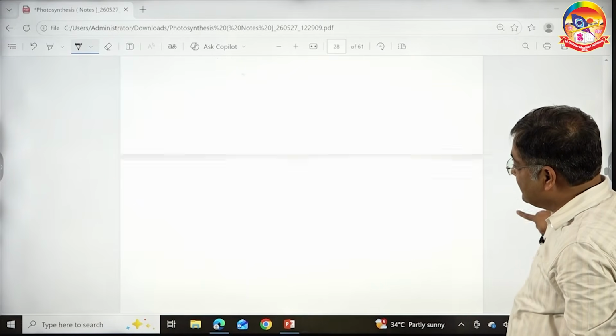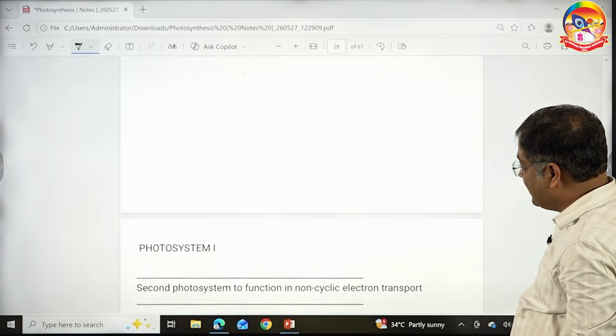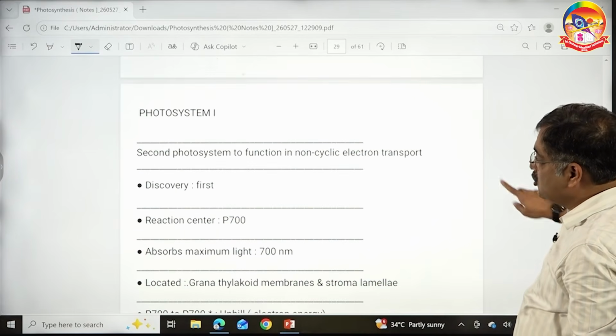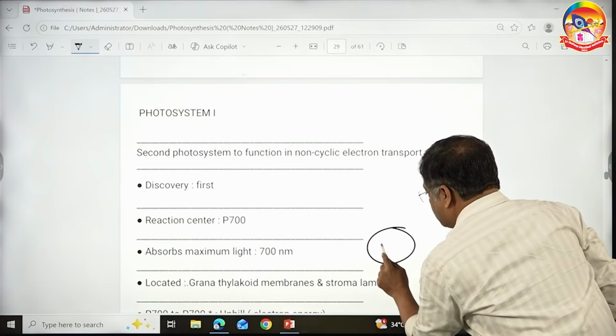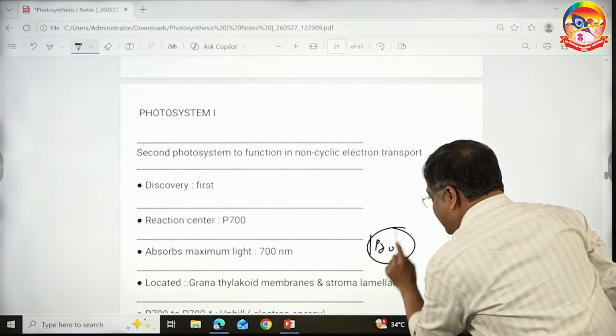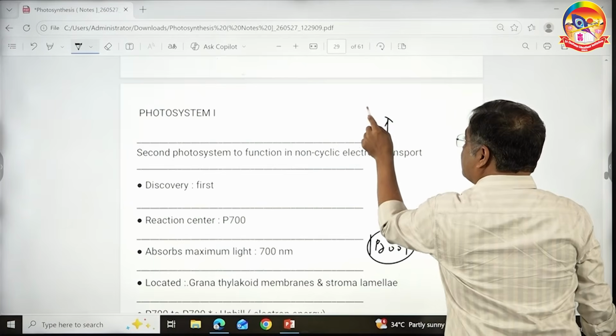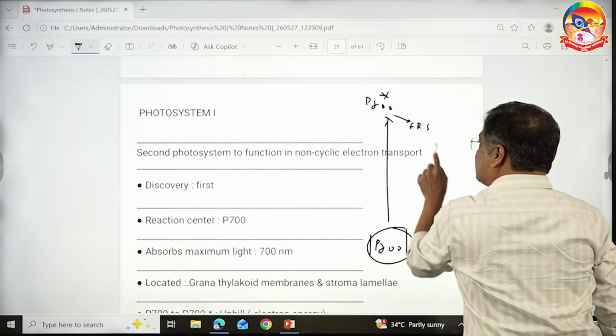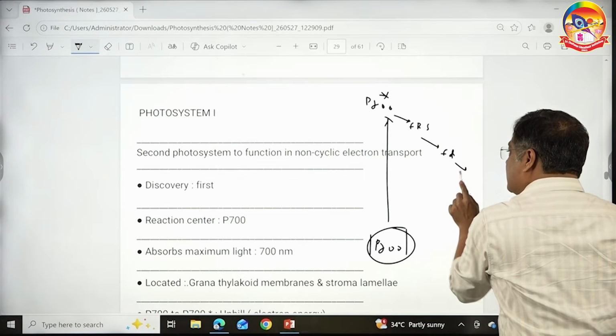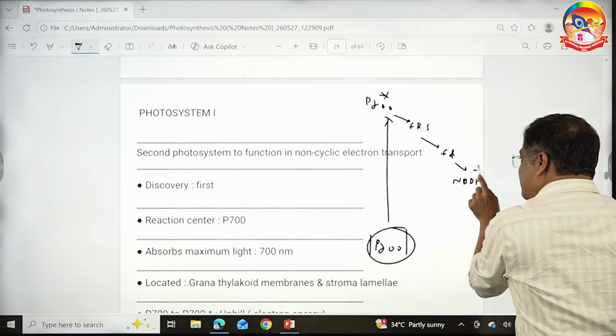Let me show you the diagram, children, that will help you to understand. This is photosystem 1, P700. It becomes P700 star, then ferredoxin reducing substance, then ferredoxin, then to NADP. This is how it moves.